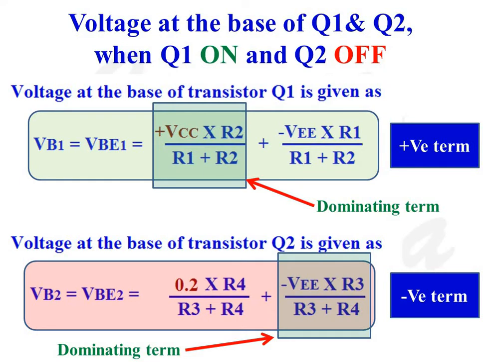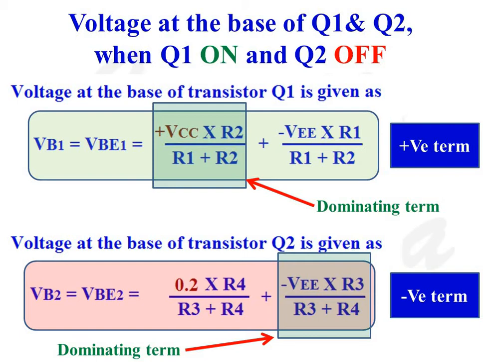Voltage at base of Q1 and Q2 when Q1 is on and Q2 is off. Voltage at the base of transistor Q1 is given as VB1 equal to VBE1 equal to V02, which is equal to plus VCC into R2 divided by R1 plus R2, plus minus VEE into R1 divided by R1 plus R2.